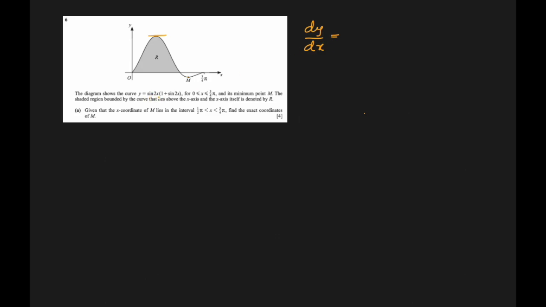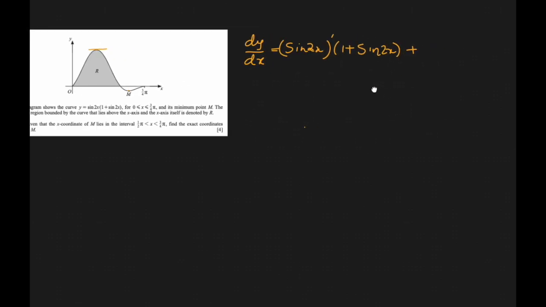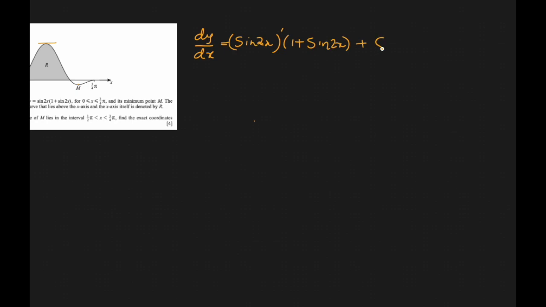It is sin 2x multiplying with 1 plus sin 2x, so we'll use the product rule, where sin 2x will be differentiated first and nothing will be done with 1 plus sin 2x. Then we will keep sin 2x untouched and we'll differentiate 1 plus sin 2x.